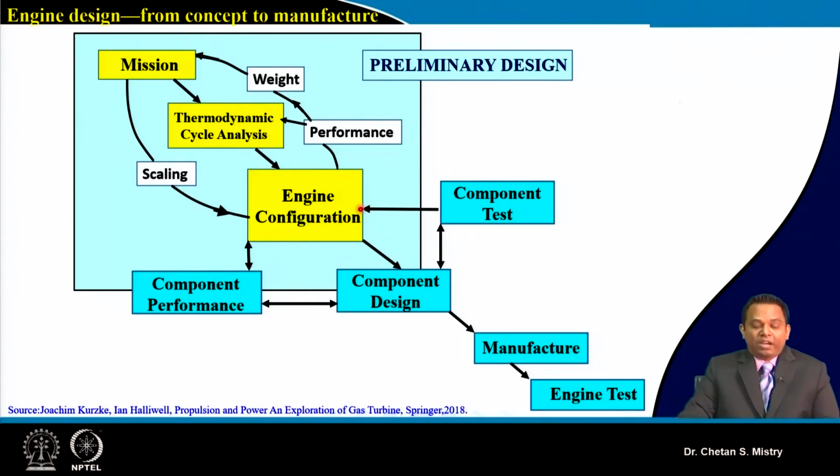If not, then again we need to do this as a reiteration. We will be checking the component performance. So all of this takes a whole lot of time. It requires a lot of engagement of manpower, and based on that, companies come up with some solution that gives what they are looking for in terms of mission.